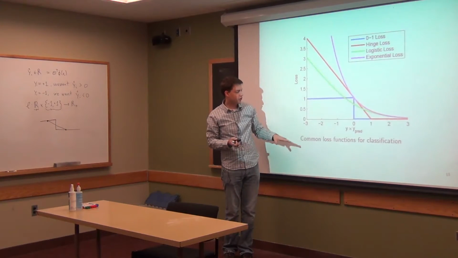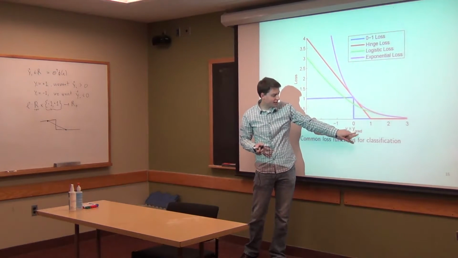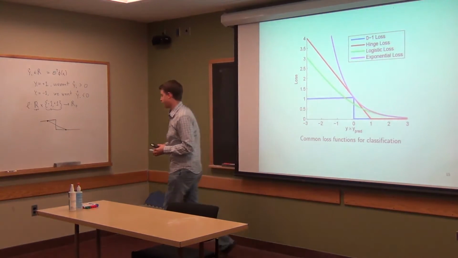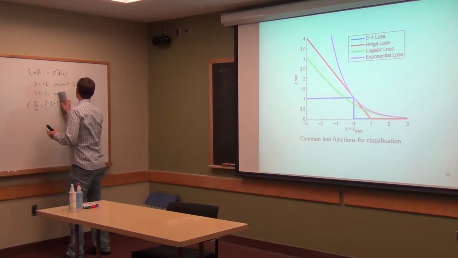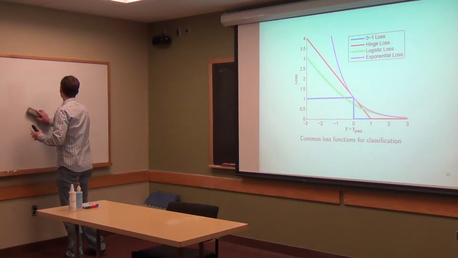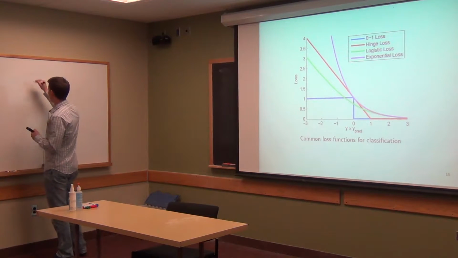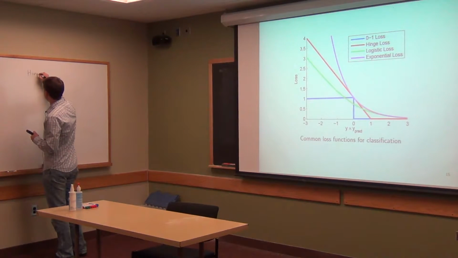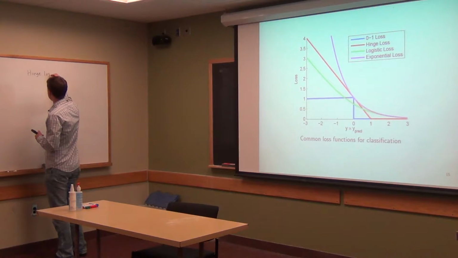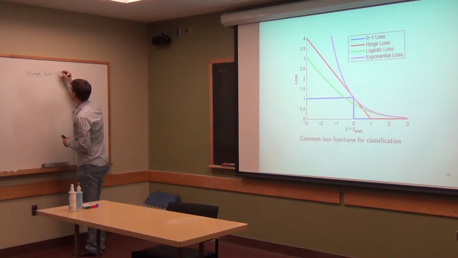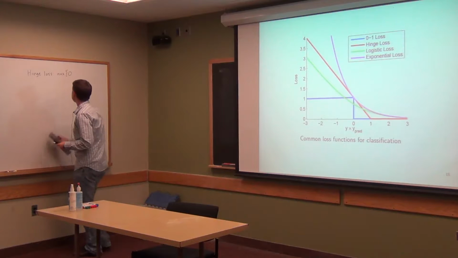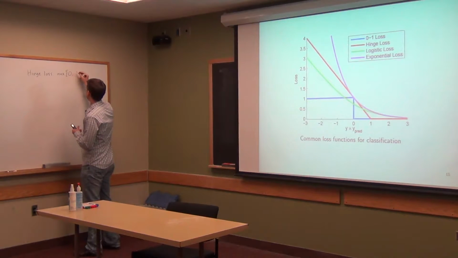This graph here is showing the product of y and the prediction. I'll actually write it here. The hinge loss is the max of 0 and 1 minus y hat i times yi.